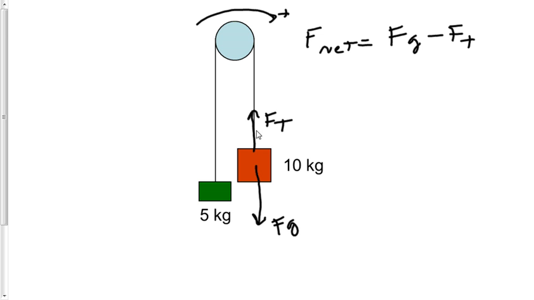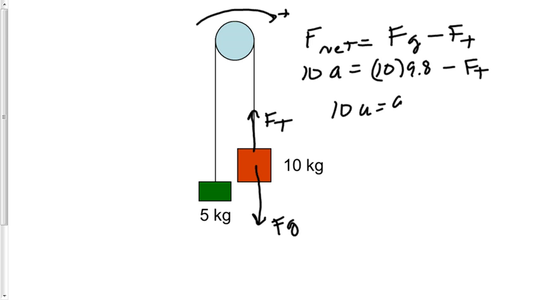And remember, force tension is going in the opposite direction. Always plugging in mass times acceleration, we'll say 10A is equal to 10 times 9.8 minus force of tension. So that's 10A equals 98 minus force of tension.